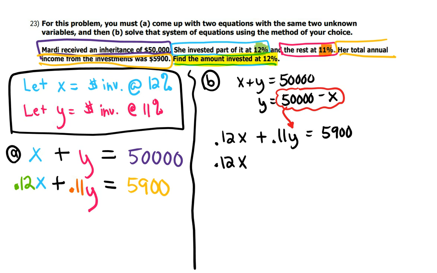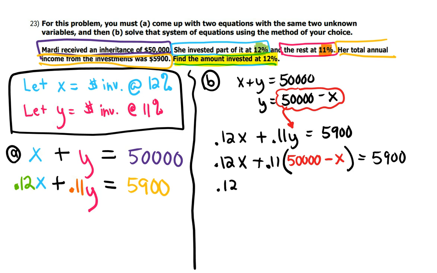Well, find the amount invested at 12%, which I let be X. So I need to solve for X, so get rid of the Y. Take the first equation, solve it for Y so that it's in terms of X, and then all you have to do is remove the Y and stick in the 50,000 minus X. And so when I'm done solving this equation, I am done, because I will have X.